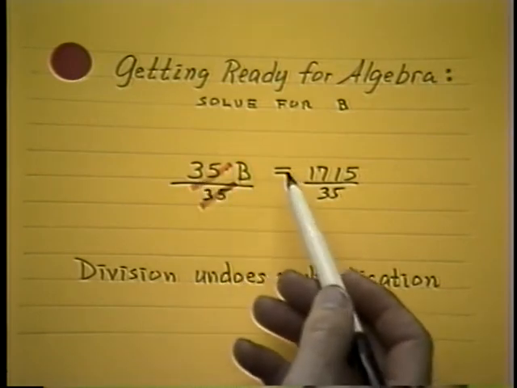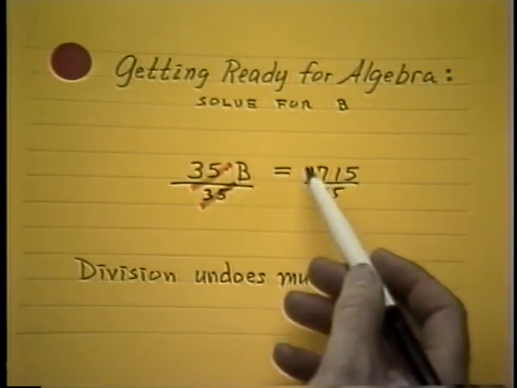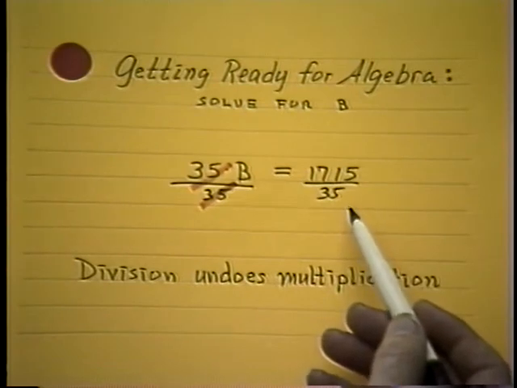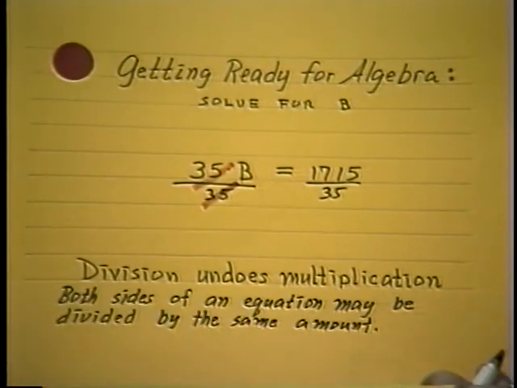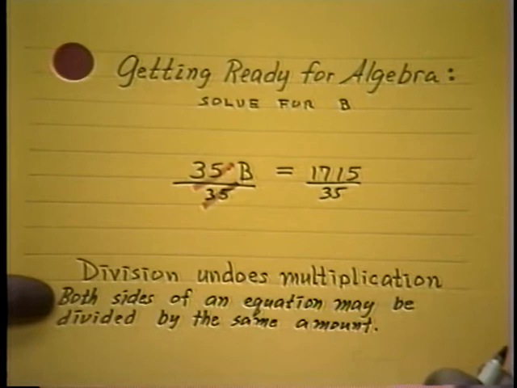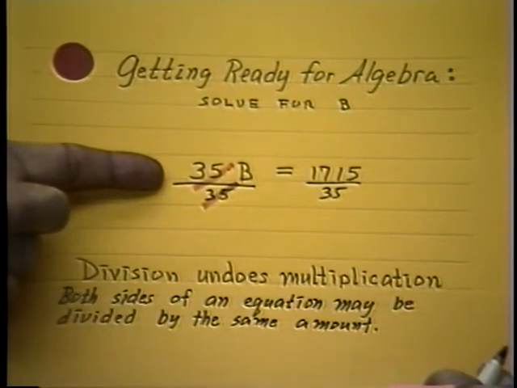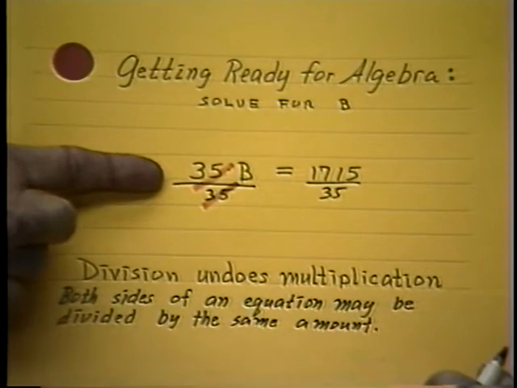And of course, since these are the same number, I do the same thing to the number over here. In algebra, we will state it this way: both sides of an equation may be divided by the same amount. Now, of course, algebra will look at this a little bit more technically and a little bit more precisely. But this begins to move us into solving simple equations very quickly.